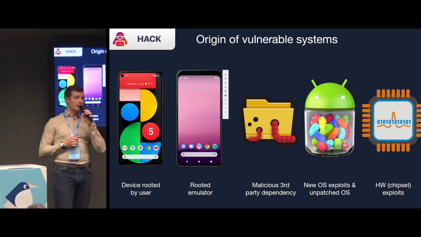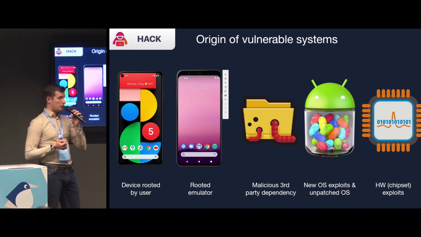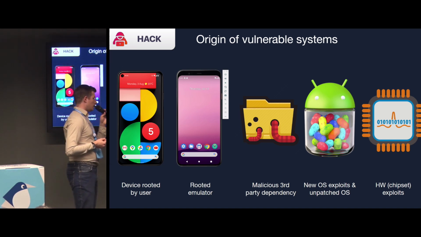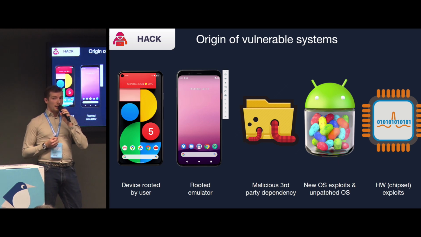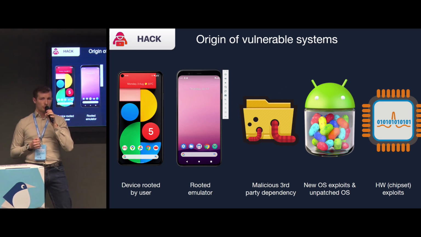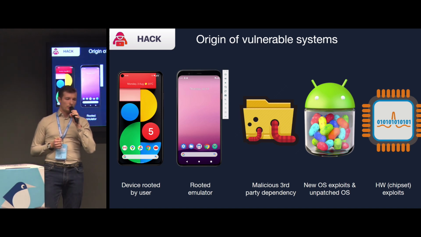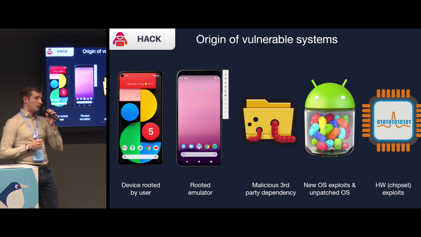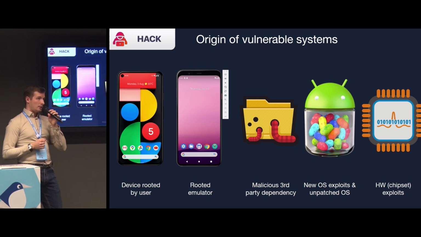And the last one is hardware exploit, and this is, for example, 1 year ago there was the Dirty Cow exploit which allowed some privilege escalation on, I think it was MediaTek devices, I'm not sure.